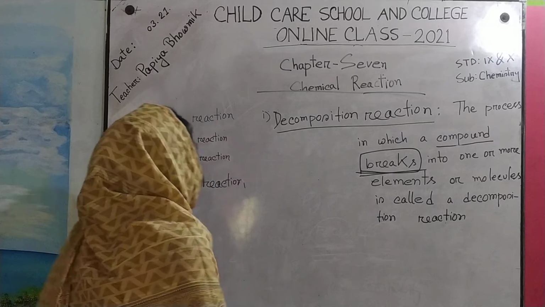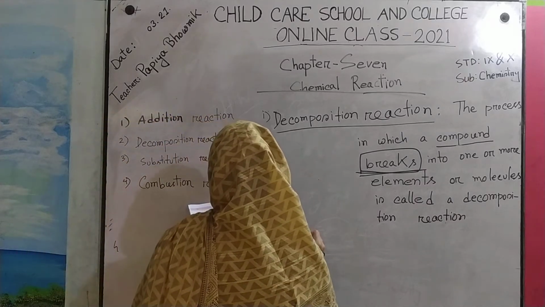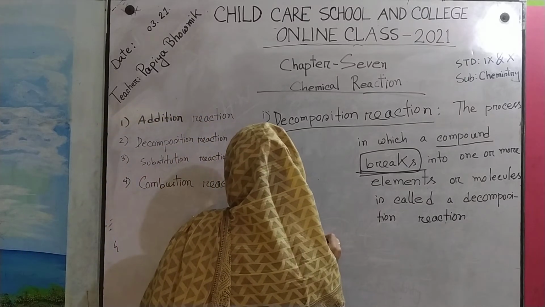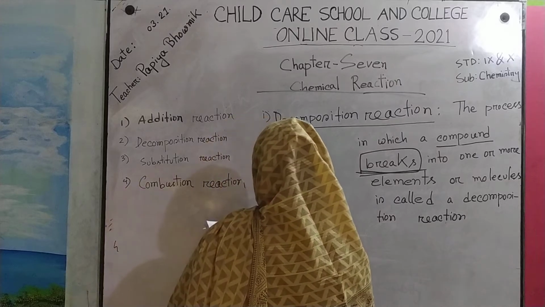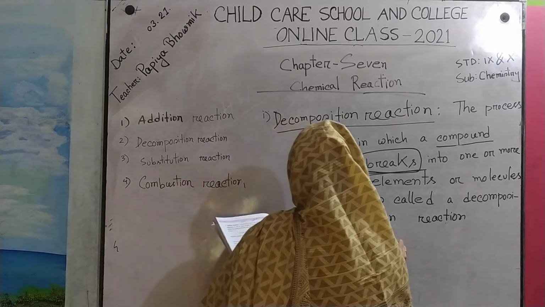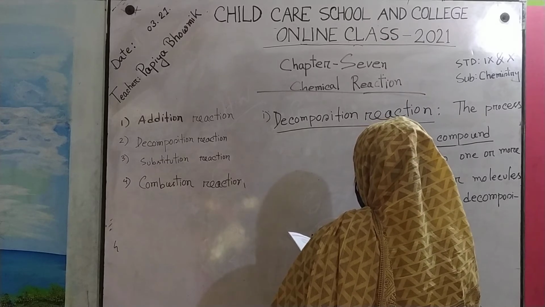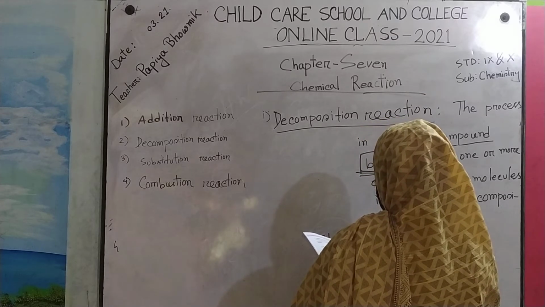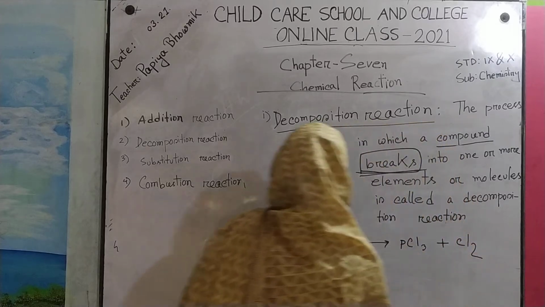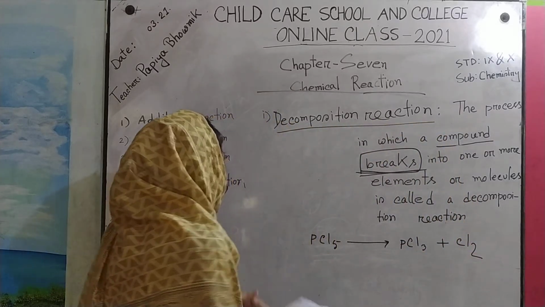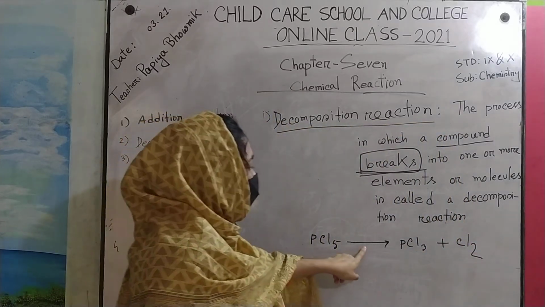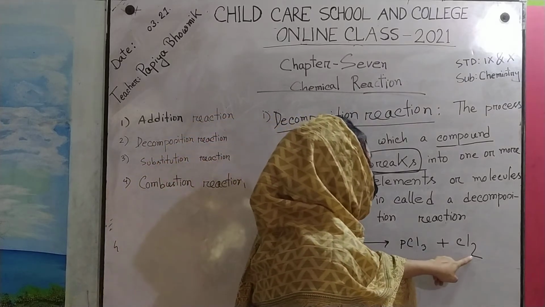So for example, you can see the reaction: phosphorus pentachloride breaks into phosphorus trichloride and chlorine.